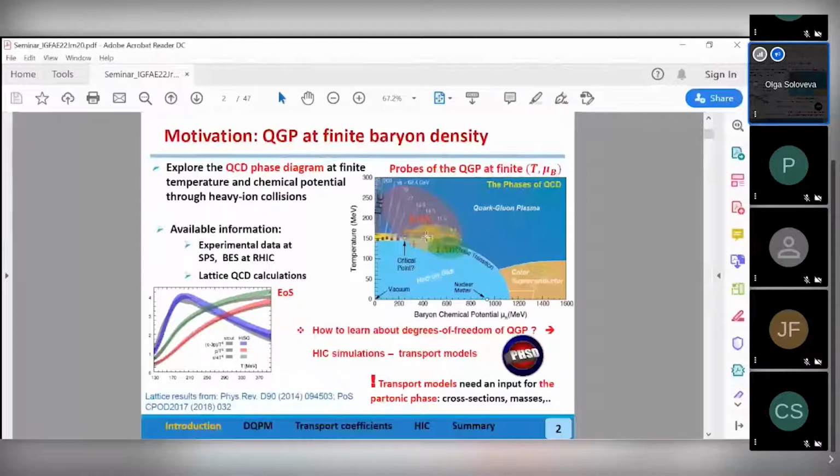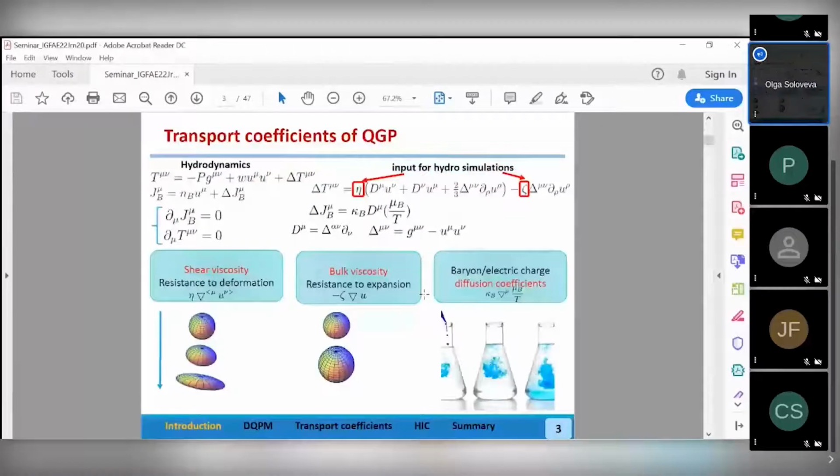So in order to study the properties of the matter created in heavy ion collisions, the quark-gluon plasma, we can quantify the properties using transport coefficients, which can, for example, be considered in hydrodynamics. They can also be input for hydrodynamic simulations.